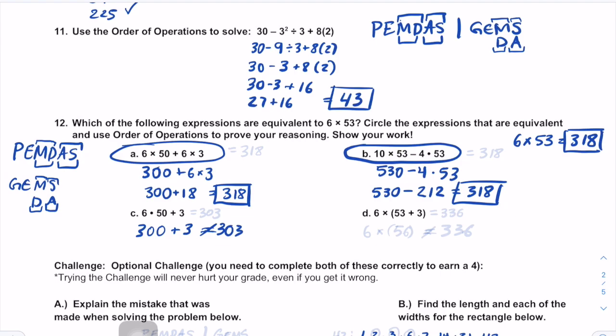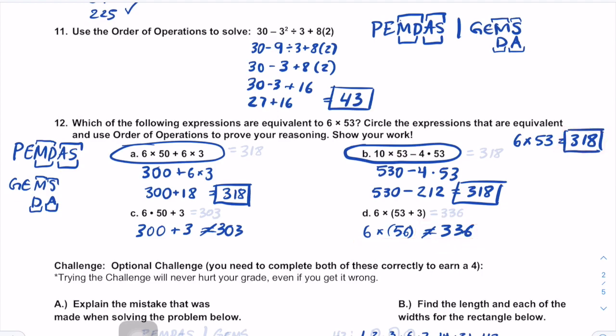So inside of it, we have 53 plus 3. This gives us 56. And we're left with 6 times 56. And this is our last step, so now I can just multiply it through. When I multiply these, I do get an answer of 336, which I know is not equivalent to 6 times 53.